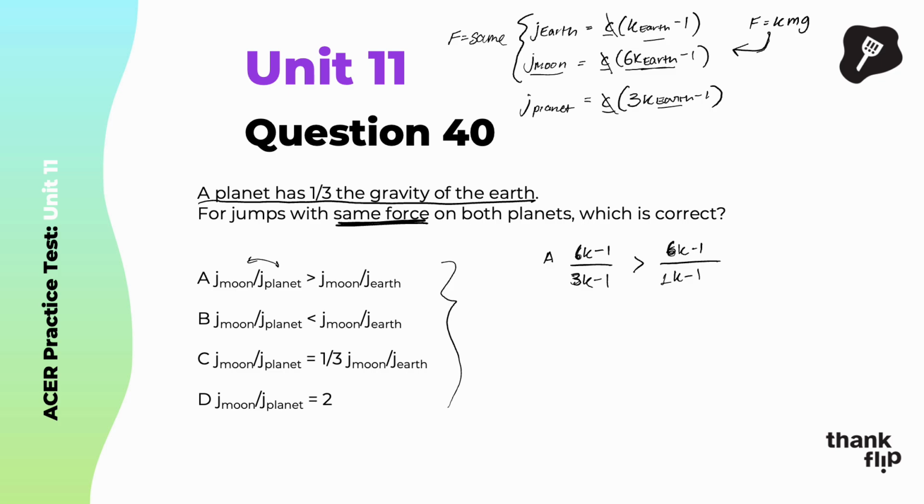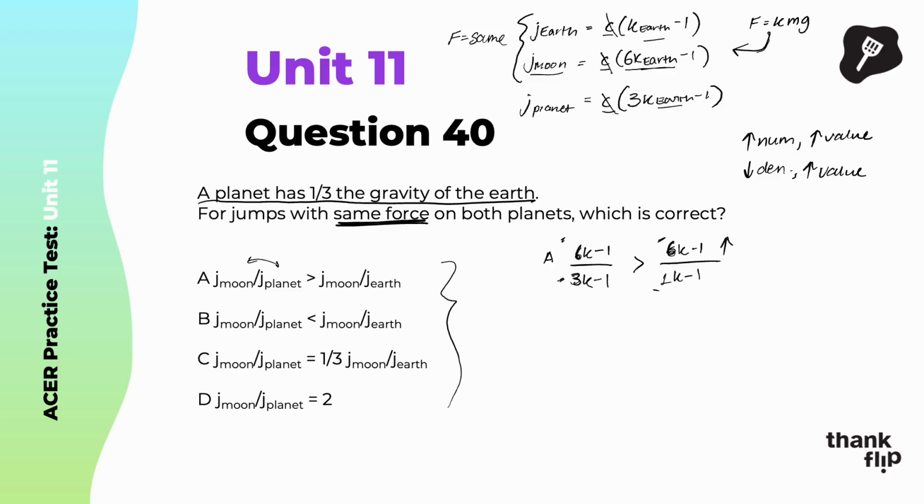So we have quite a large number here and a medium number here, right? We just want to compare a large number here and a tiny number here. So the larger your numerator is, the larger your value is going to be. And the smaller your denominator is, the larger your value is going to be.